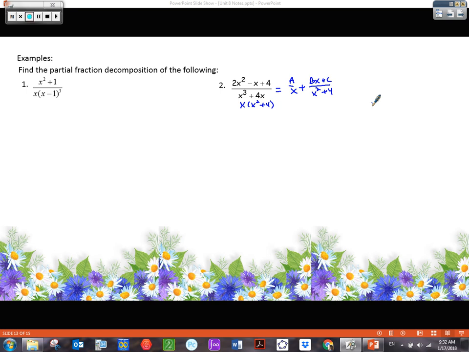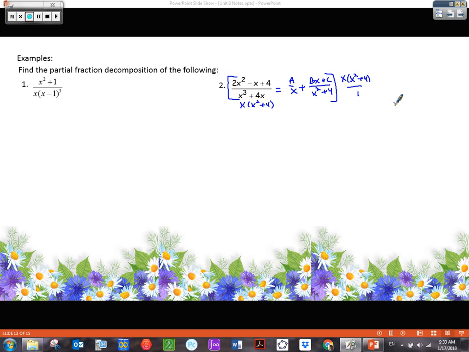Okay. Once we get it expanded, we're going to multiply this whole equation by the common denominator. We're going to multiply the whole thing by x times x squared plus 4, over 1, and multiply it all out.